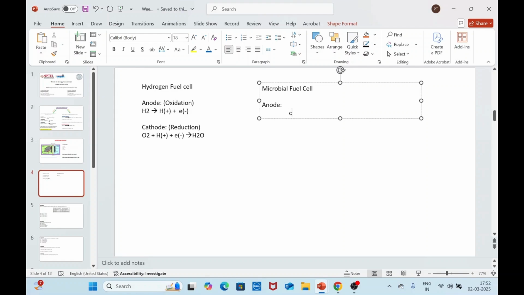Let's consider that organic matter with a general empirical formula, CXHYOZ, and then you will have the water molecules also present.